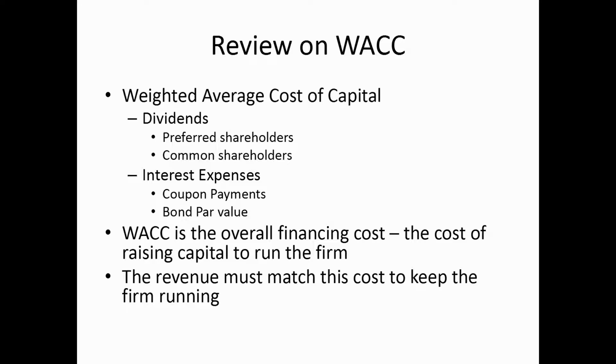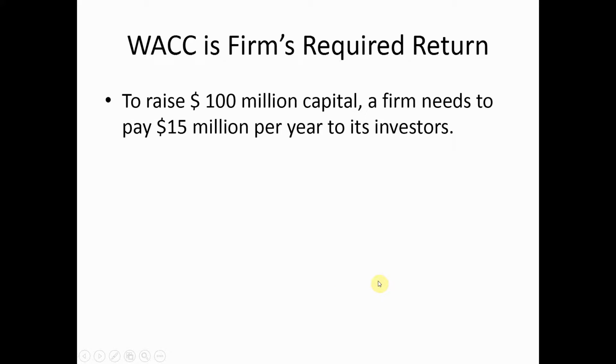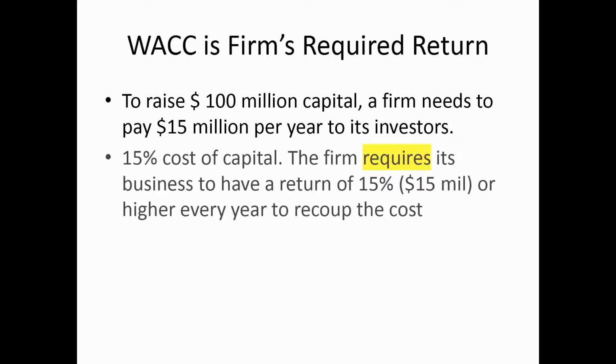So let's say if you want to at least maintain a break-even situation, you want your revenue to at least match the cost to keep the firm running. If you want to collect $100 million capital, and the firm needs to pay $15 million per year to its investors, then the overall cost of capital would be 15%.